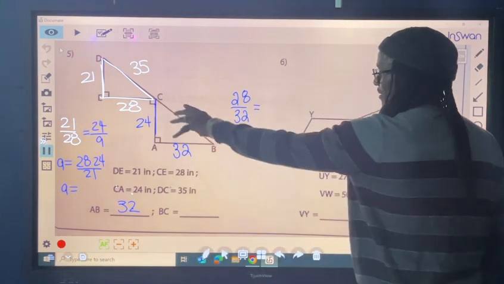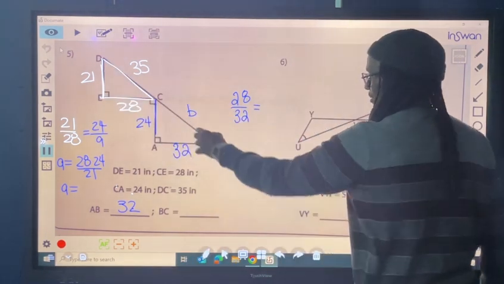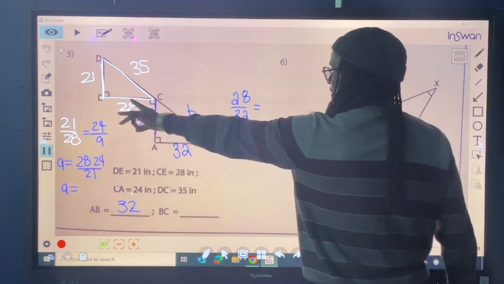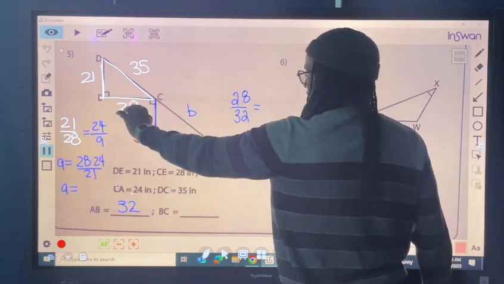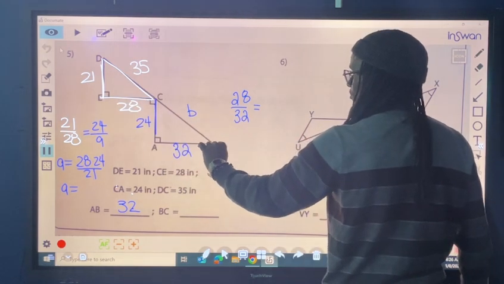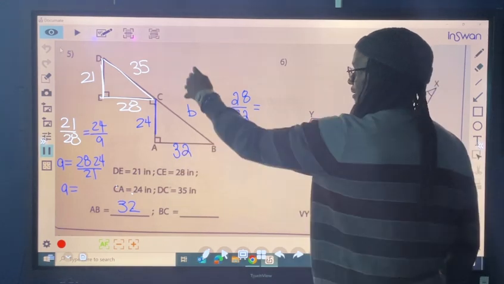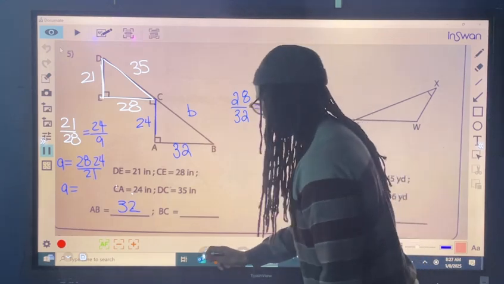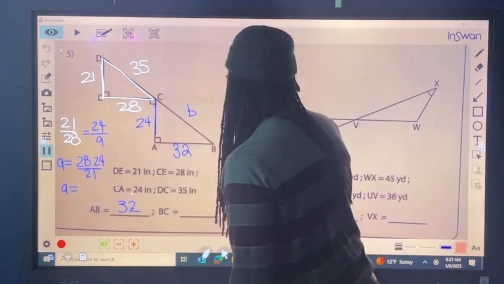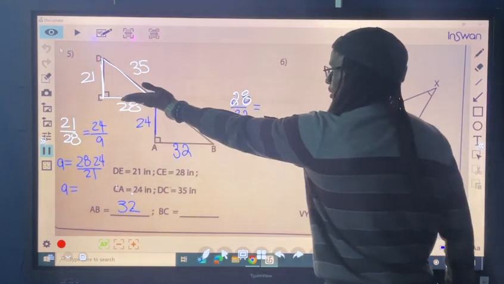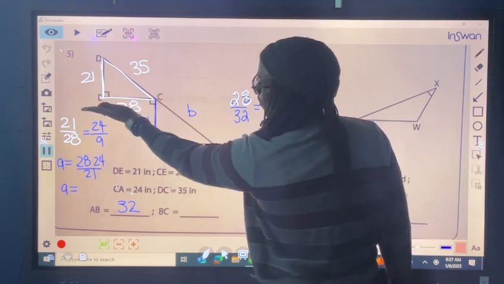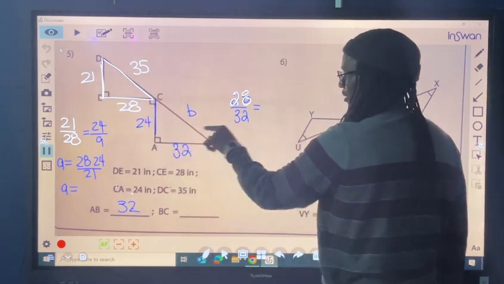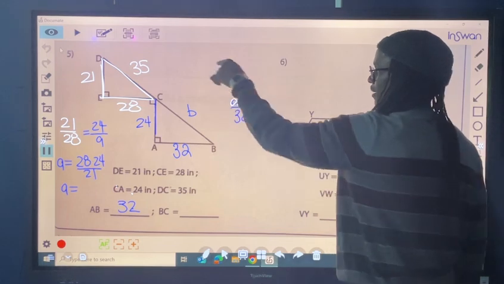Well, I'm gonna stick to the script so they can get it in the back. So I'll take this 28 over 32. The 28 from EC over the 32 from AB has to equal what?